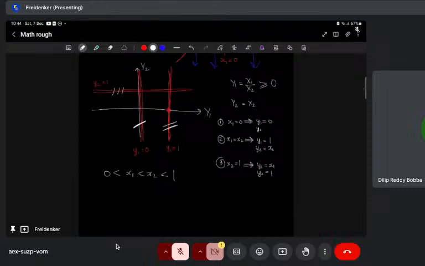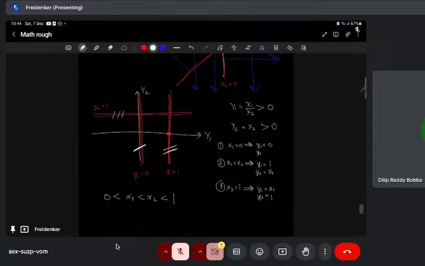If x1 and x2 are strictly positive, it means y1 is strictly positive and y2 is also strictly positive. What do I mean by y1 and y2 being strictly positive? It means you have to look at the first quadrant. Okay, now we directly got a region. Now our region is basically this one, right? The inside portion. There are more steps that you can do to mathematically show that this is a region, but intuitively also you can say this is a region.